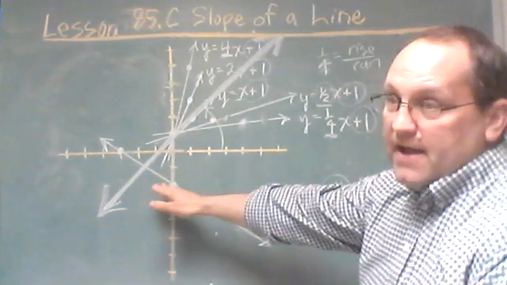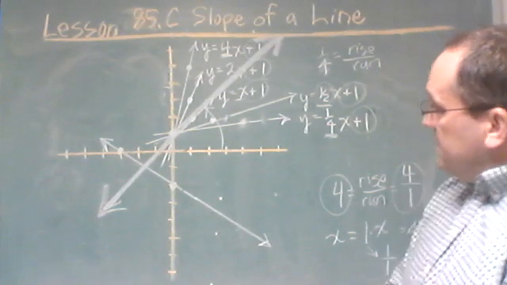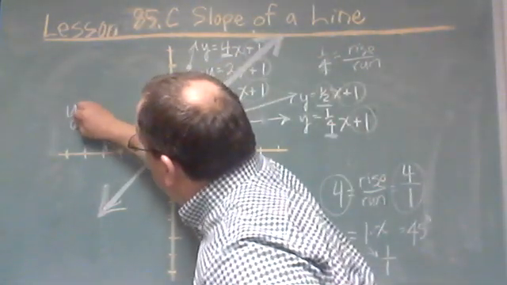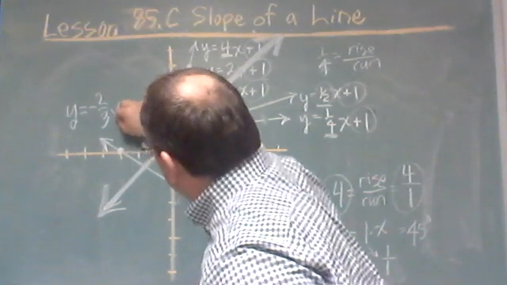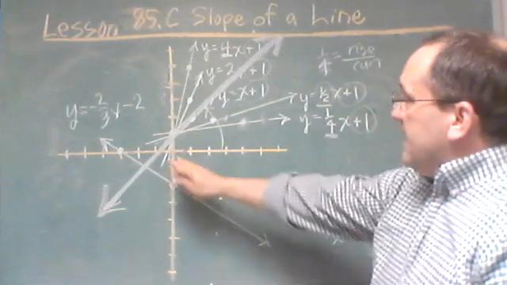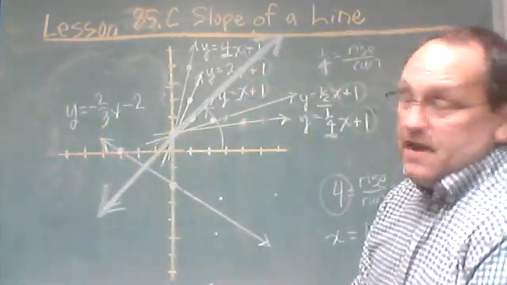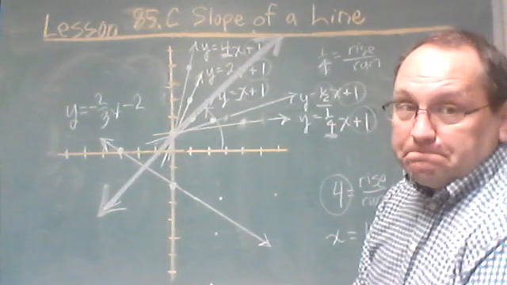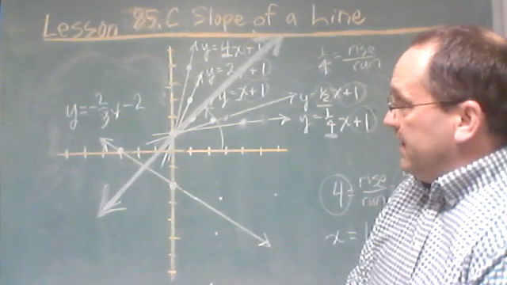The same thing applies to negative slopes here. So we said our equation of the line here was y equals minus 2/3 x minus 2. We notice if this fraction here gets a little bit bigger, okay, let's double it.